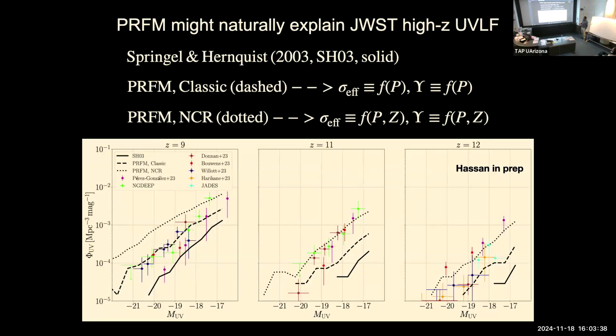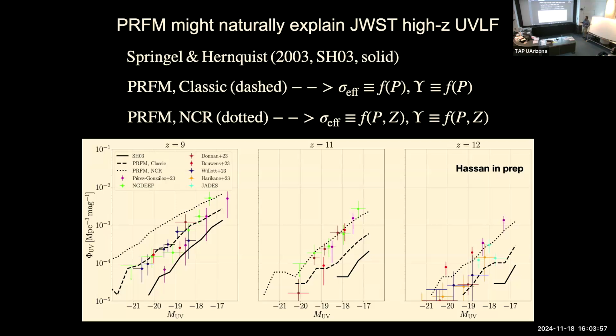What you see in solid is the Springel and Hernquist model. What you see in dashed is one prediction of the model PRFM, where our relations for the sigma effective and the epsilon, the feedback, only depend on the pressure.